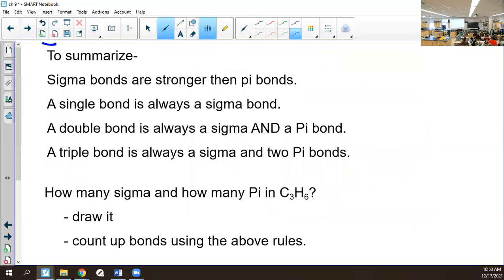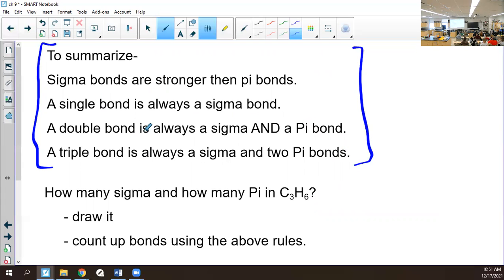So to summarize, sigma bonds are stronger than pi bonds because of greater overlap. A single bond is always a sigma bond. A double bond is always a sigma and a pi bond.